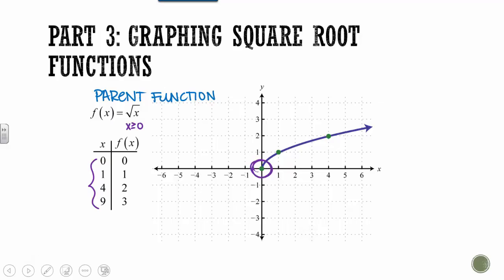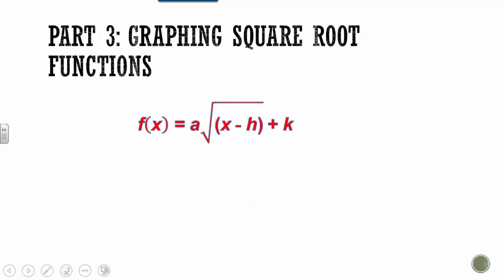So we talked about how we were going to find this starting point here. And with that, we need the baby functions. Every function starts with these letters here, a, h, and k. If I add an a, an h, or a k, it's going to do something to my function. The a right here is responsible for stretches, and it's also responsible for flips.